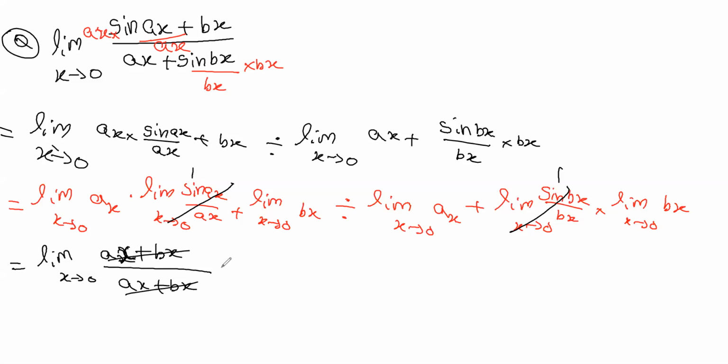Total are same, so 1. This is the answer. We didn't do anything. We are just separating it and applying the limits. That's it. It's as simple as that.